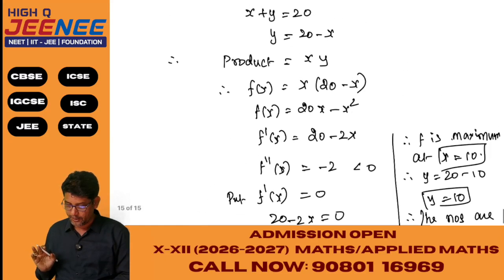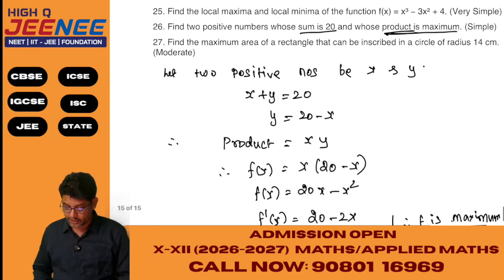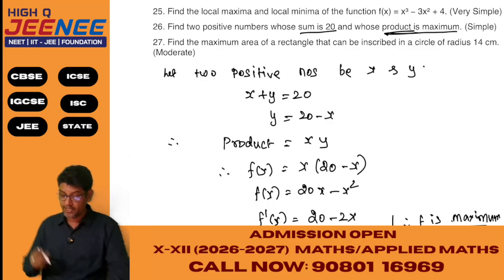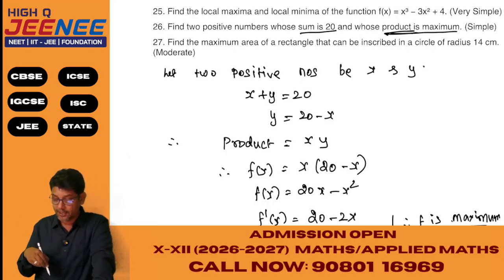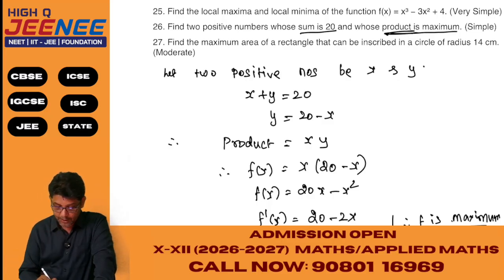Next step. Find the maximum area of the rectangle that can be inscribed in a circle of radius 14 centimeter. Can you please draw the diagram for this question?